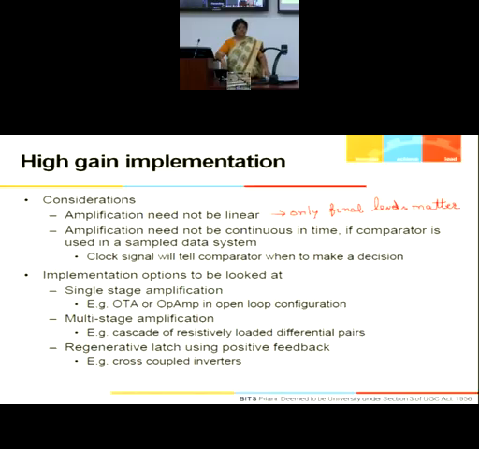Accordingly, some switches turn on, some switches turn off, and then slowly the circuitry moves from one phase to the next phase. Ultimately, after say n number of phases, which may be 2 or 3, you get your output. So comparators can be made clocked. Comparators can be made non-clocked. In a sampled data system, it is going to be a clocked implementation, because switches will be controlled by a clock signal.